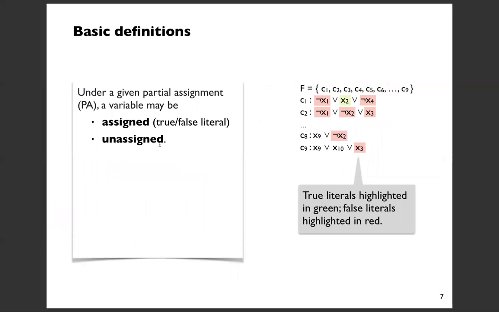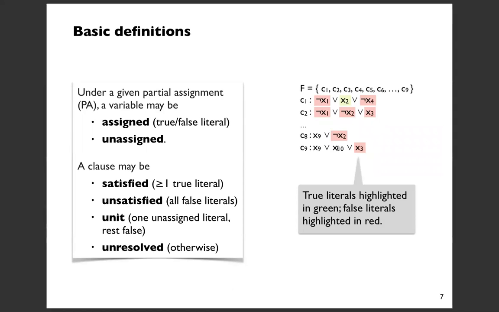Under a given partial assignment, there are some assigned literals, which can be either true or false, and there are unassigned ones. The red and the green are assigned literals, and the rest are unassigned. So a clause can be either satisfied, unsatisfied, or unit.